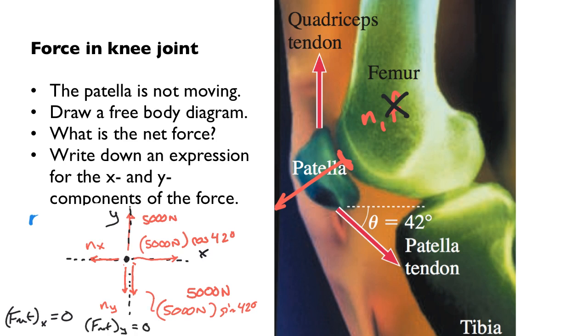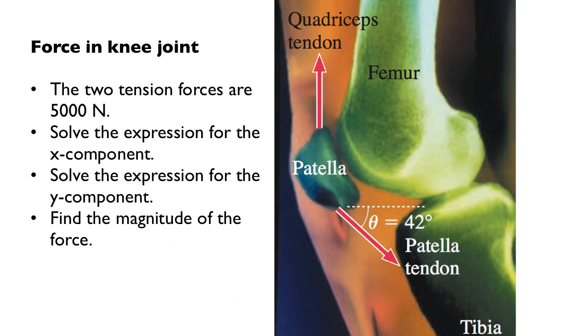If the x components are equal to 0, that just says nx is equal to this. And if the y components are equal to 0, the upward force, 5,000 newtons, is just equal to the total downward force, which is ny plus 5,000 newtons times the sine of 42 degrees. And so I can write down two expressions that basically allow me to calculate everything. And that's what we have to do here.